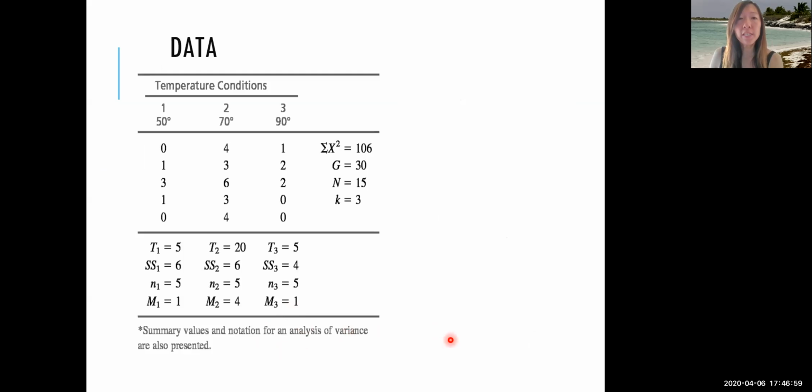Okay, so here's an example of the data that you'll be provided. I want to use it as an example, and then point out what some of these values mean. So let's say that I am a researcher and I want to know if temperature conditions have an effect on how well students do on tests.